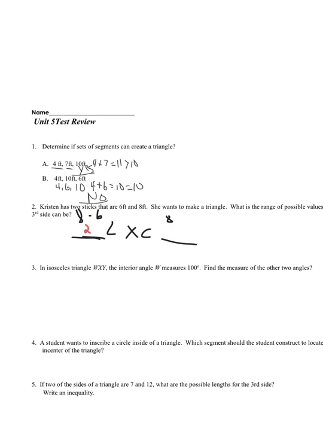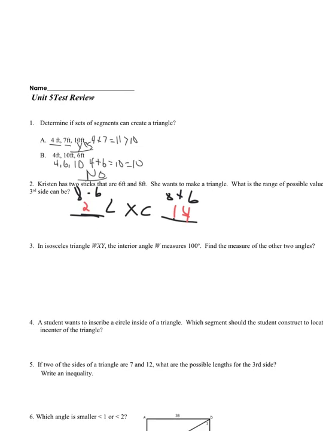The big number, you add, 8 plus 6 is 14. And so the third side of a triangle can be anything bigger than 2, less than 14. It's not just one set number. Okay, but that's all you got to do for that.